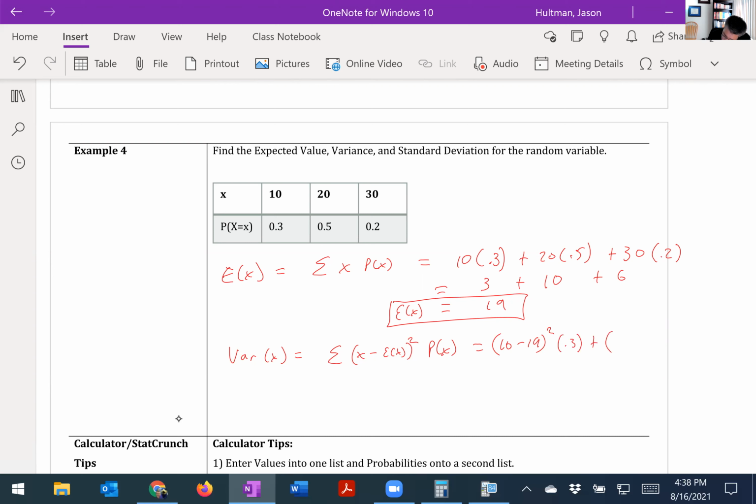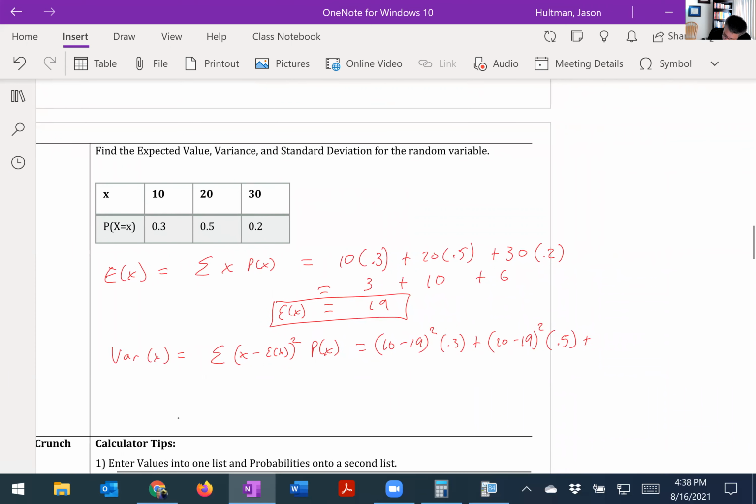Plus 20 minus 19 squared times 0.5, plus 30 minus 19 squared times 0.2, okay?